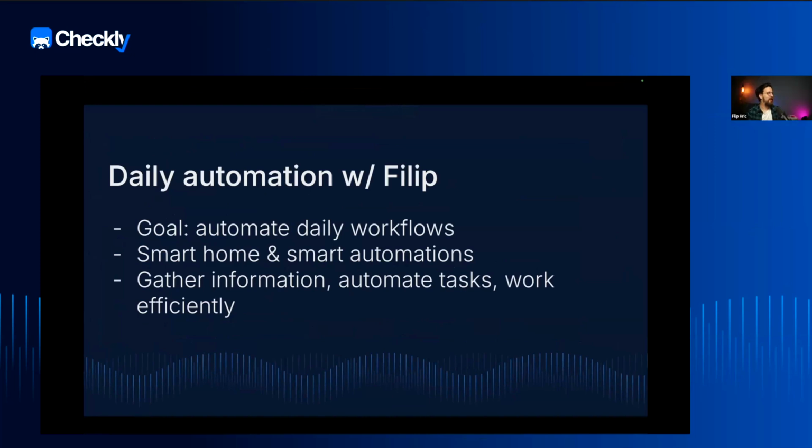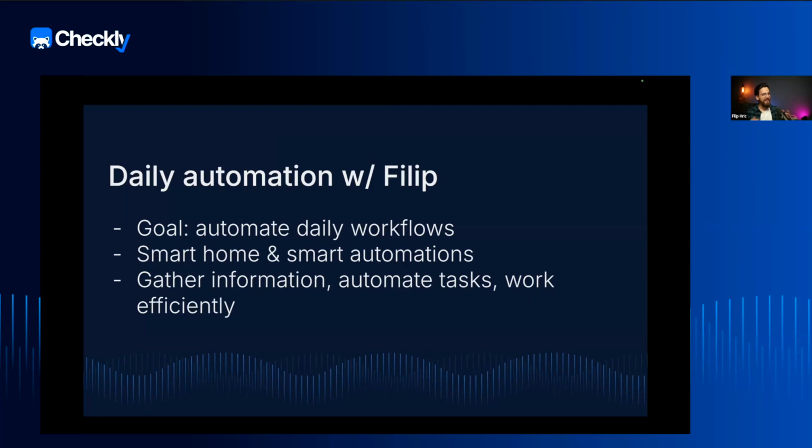Yeah, so we'll be taking a look at workflow automation. So the goal is to automate some of the daily workflows. As we mentioned in the beginning, Playwright is a great tool not only for testing, but for various types of automations. And this webinar is all about stepping outside of testing for a little bit, because we know Playwright is great at testing, but it can be great at other things as well.